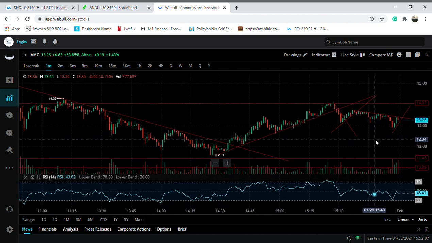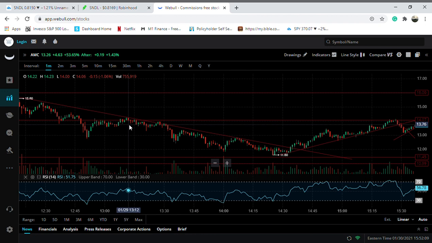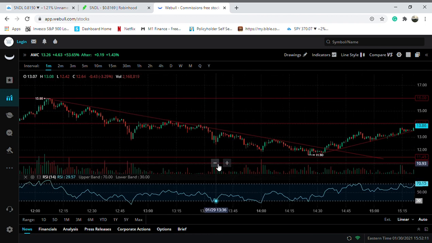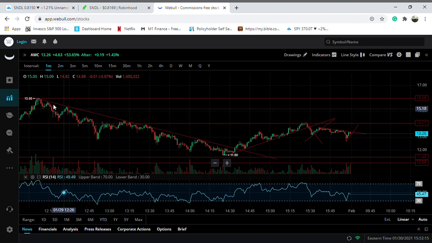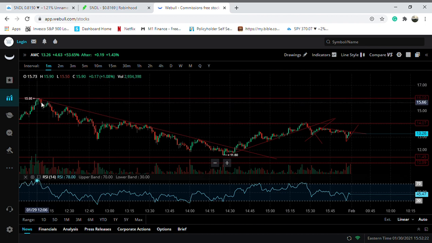As you see here, in the past, let's just zoom out real quick. In the past, the highest that it's been, this has not been the highest, but I just want to show this as an example of what a downtrend looks like. So here's what a downtrend looks like.